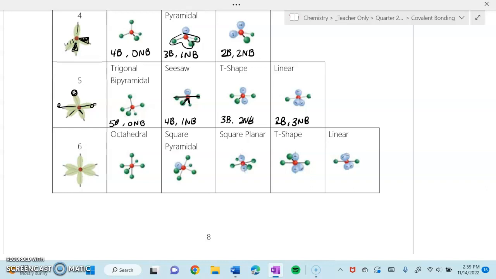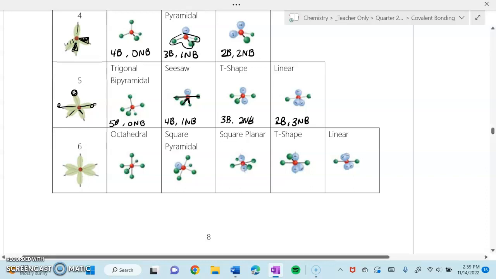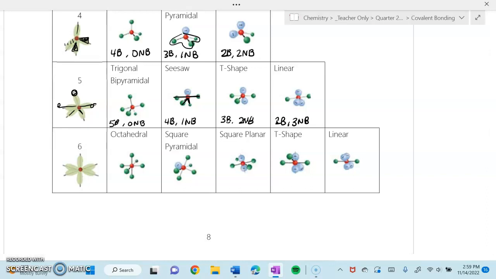And then the last one is 6 electron regions, and what you'll see is like a flat X with something coming out the top and out the bottom. So you think of this as going into the page, coming out of the page, coming out of the page, and going into the page.